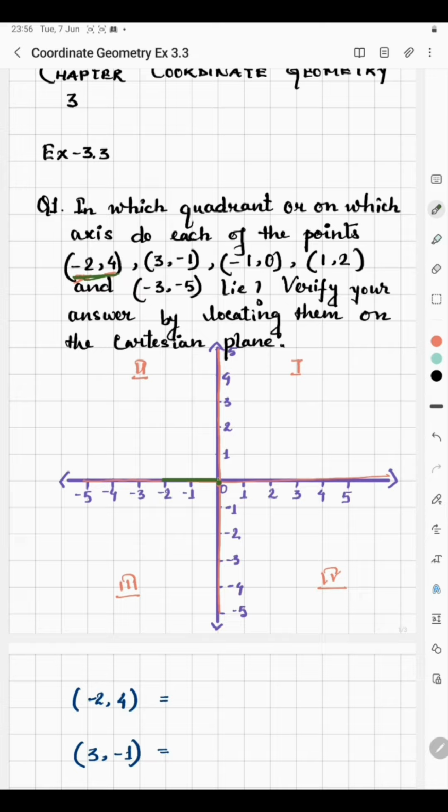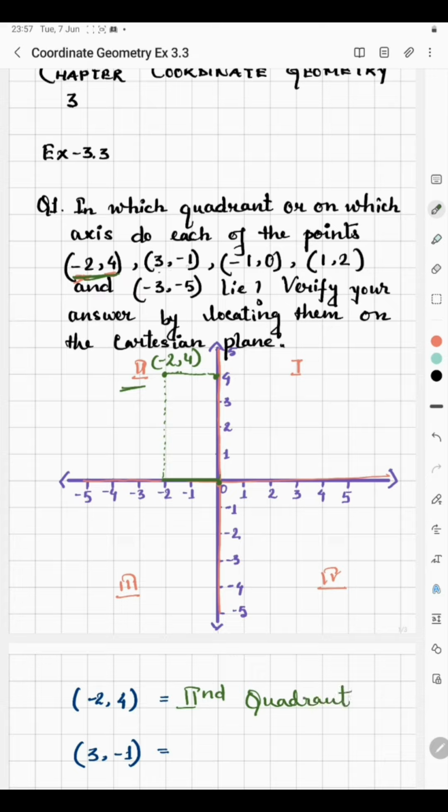So here is 4. Now from 4 if you draw a perpendicular line, and from -2 if you draw a perpendicular line, the two lines meet over here. So this is the coordinate (-2, 4). Which quadrant does it lie in? Second quadrant. So we'll write second quadrant.